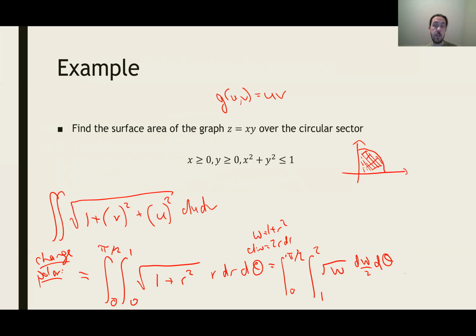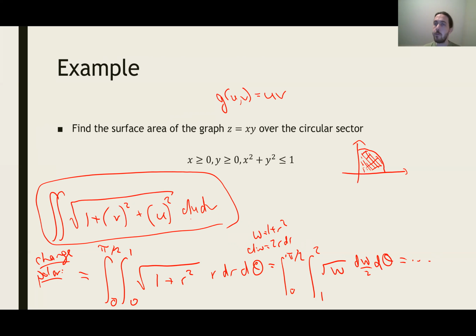And so we can then finish out this calculation if you like. But the total surface area is calculable. These are the steps, and you can see how normally doing the tangent vector calculation would be a lot of work. Here we get the thing we're supposed to be integrating almost right away by having this formula in our pocket.